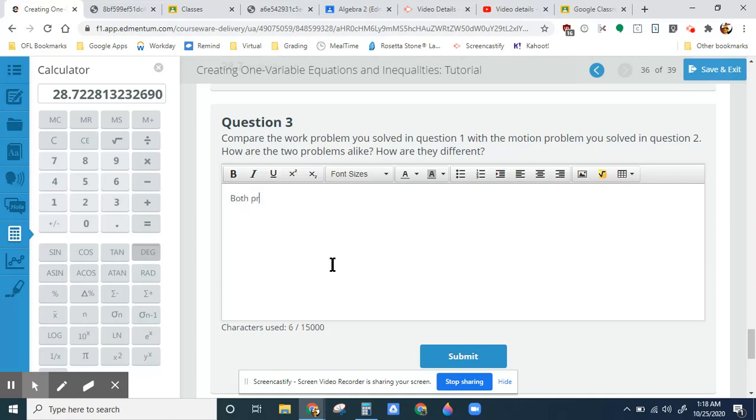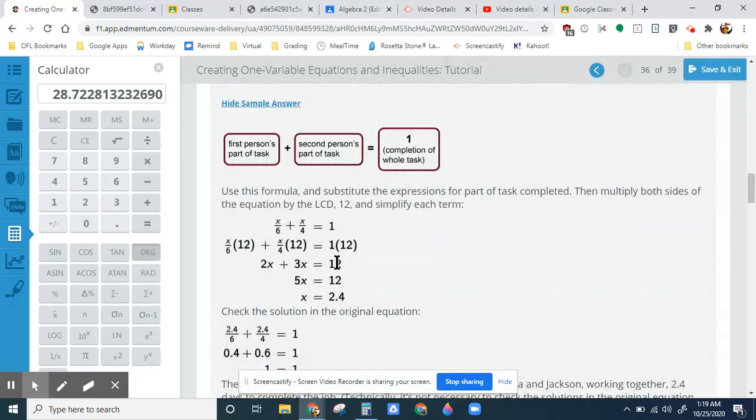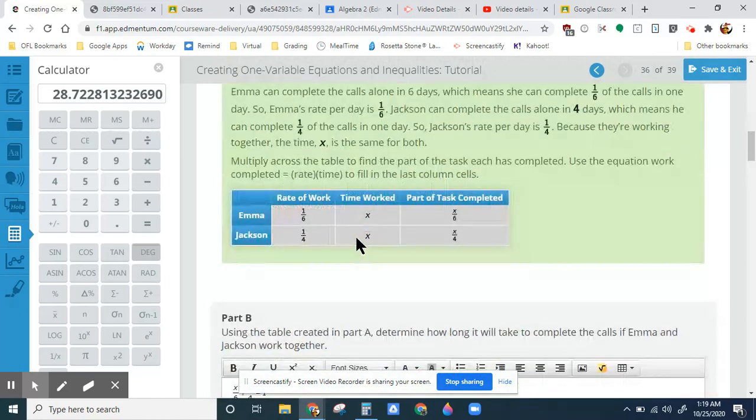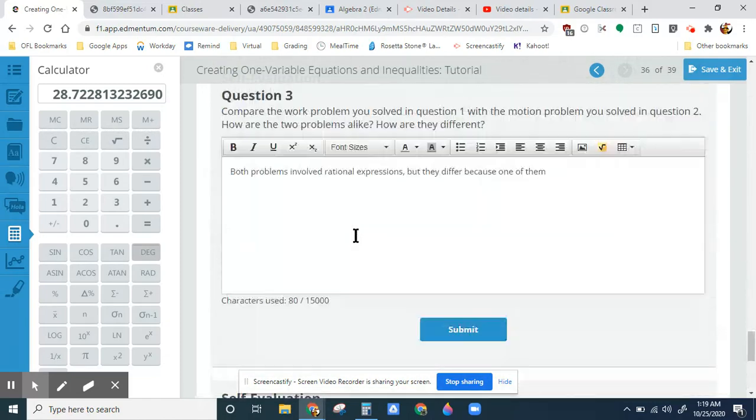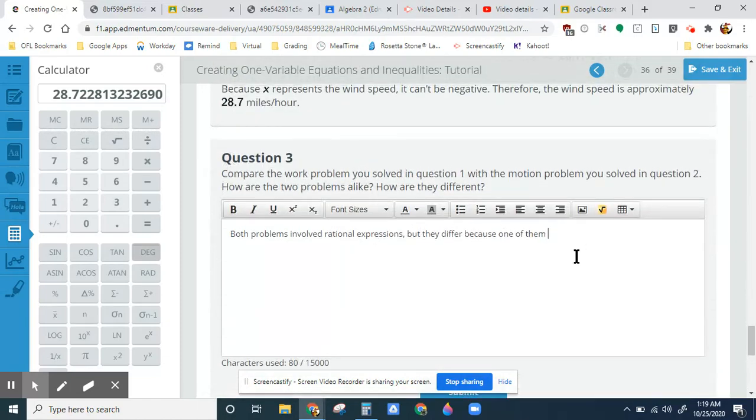Both problems involve rational expressions, but they differ because one of them, let me take a look here. So we're looking at this one. What were we solving for?